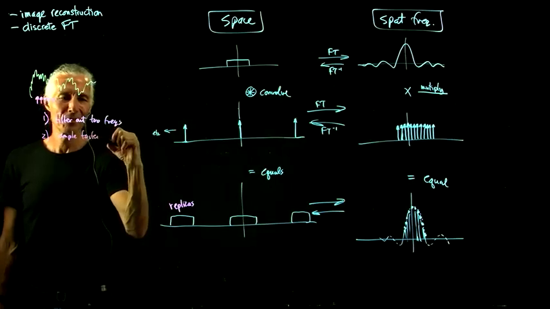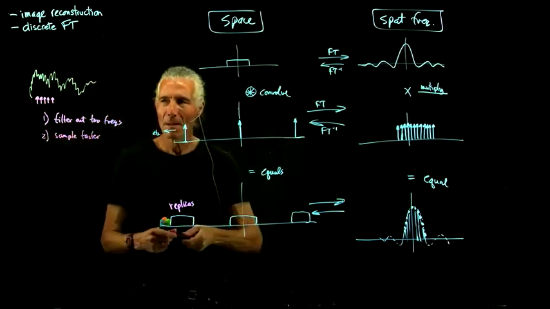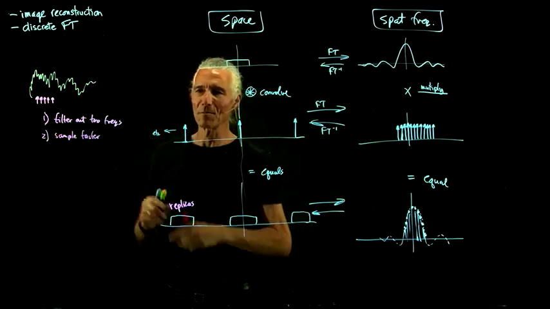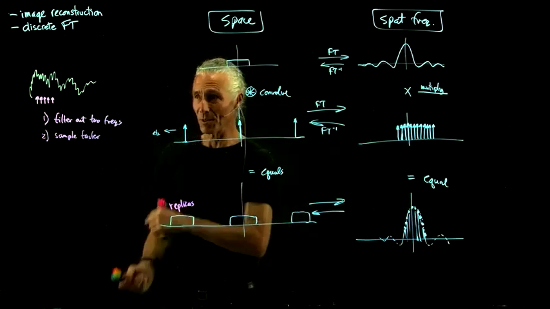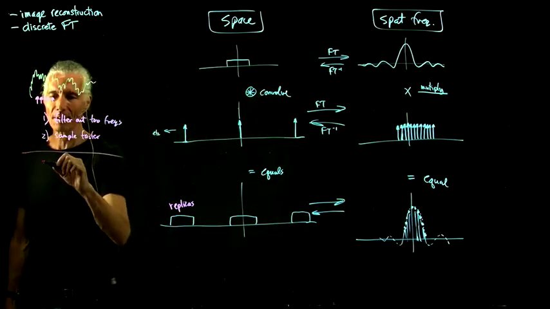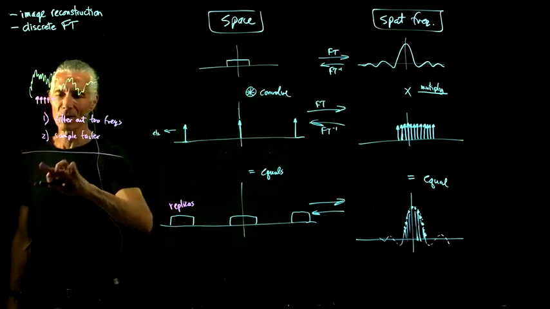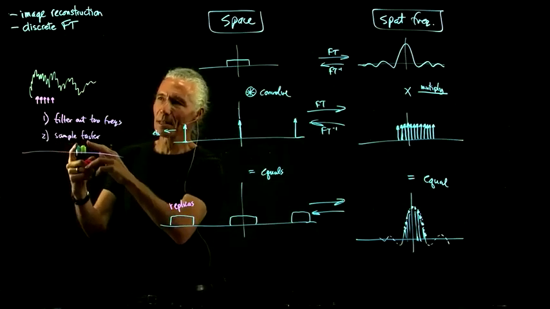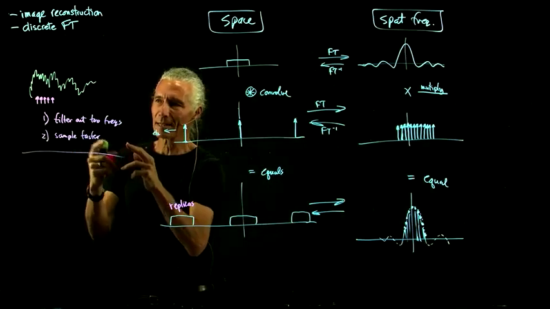You either sample fast enough so you can capture the high frequencies, or filter them out. One of the two. Generally, the Nyquist theorem says you have to sample at least twice as fast as the highest frequency.